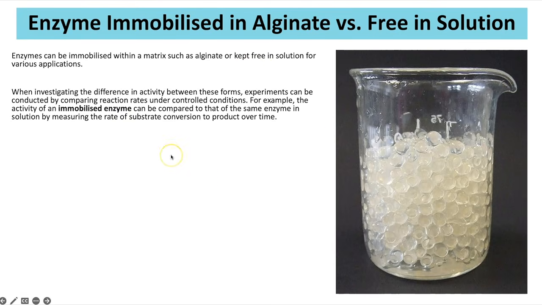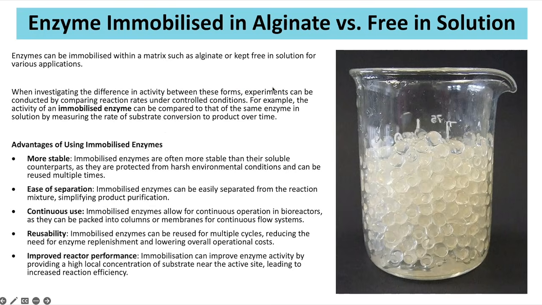When investigating the difference in activity between immobilized and free in solution, experiments can be conducted comparing reaction rates under controlled conditions. For example, the activity of an immobilized enzyme can be compared to that of the same enzyme in a solution by measuring the rate of substrate being used up or product being produced over time.